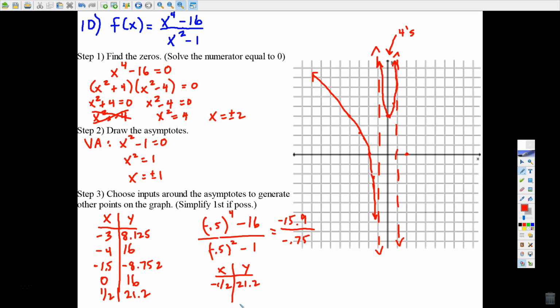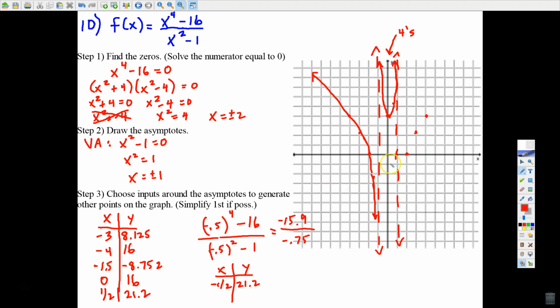So let's just plot these points. Alright, so I'm going to do positive 3, and that's 8.25 for 8, and then a little higher. You can see I've got symmetry. It's just the mirror image of that point. For positive 4, I'm going to have positive 16.